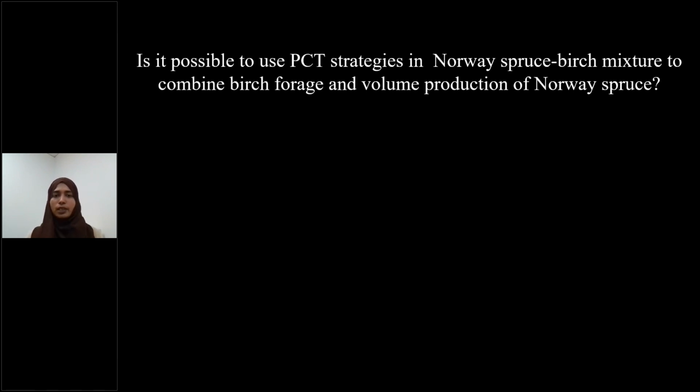So our idea was to use a resource like birch in the young stand to supply forage for ungulates, because there is always a conflict of interest between ecologists and foresters about how many ungulates need to be kept in the forest. So we wanted to combine both sides by doing pre-commercial thinning.